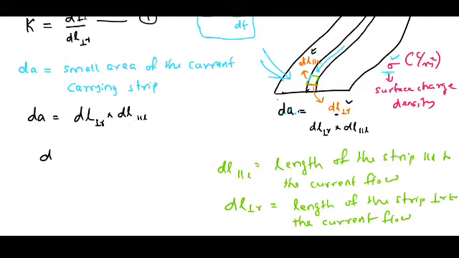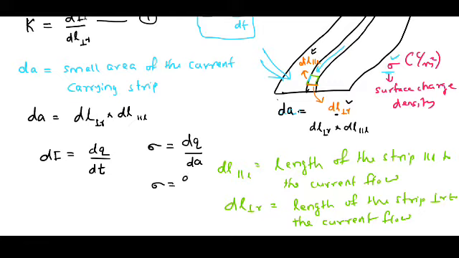Therefore, our expression for the current, di, is equal to dq by dt. And we know that sigma is the surface charge density, coulomb per meter square, charge flowing per unit area, that is dq by dA.